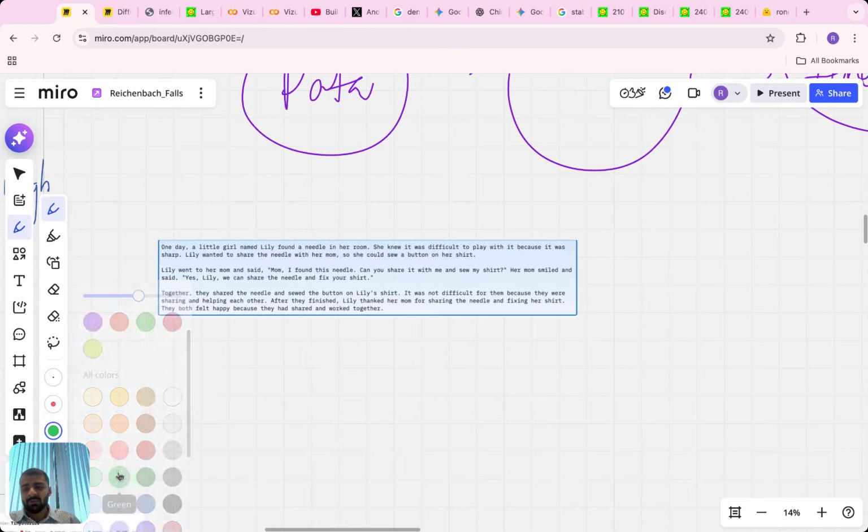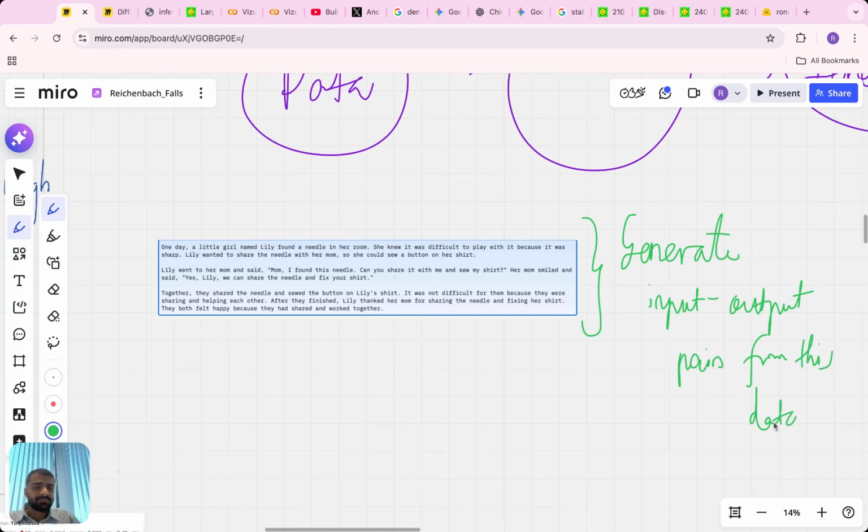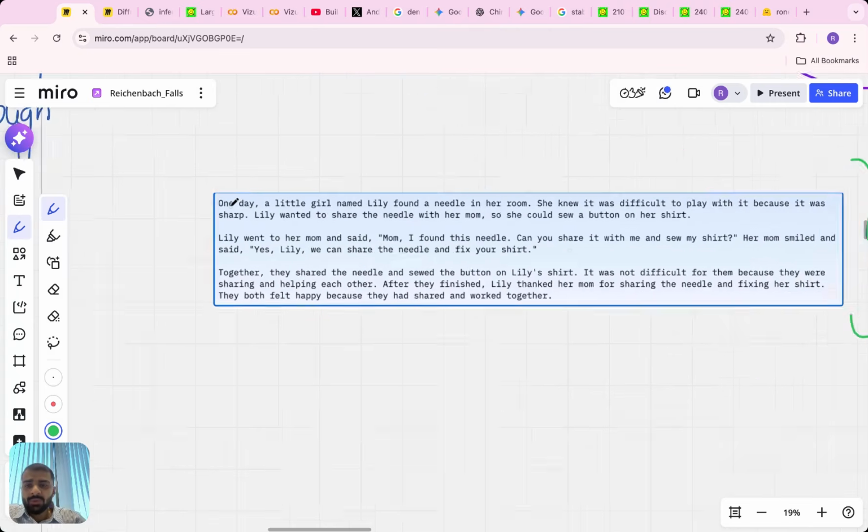So let's write this down. The task is to generate input output pairs from this data. And how do we do this?